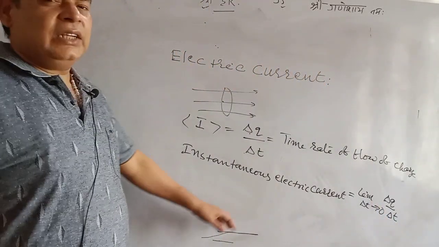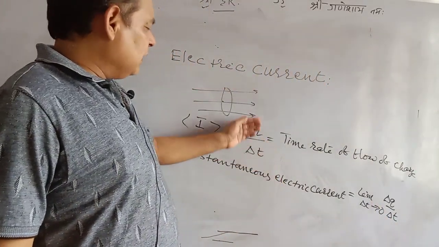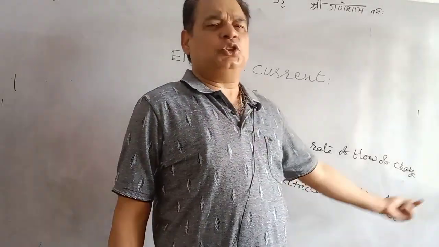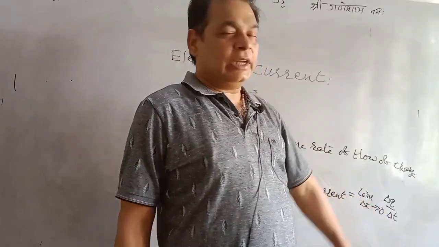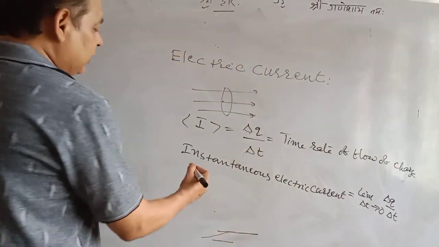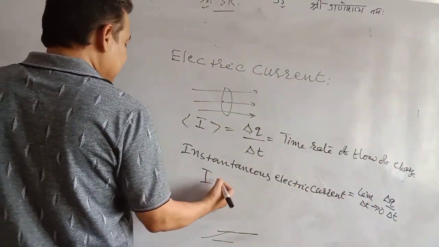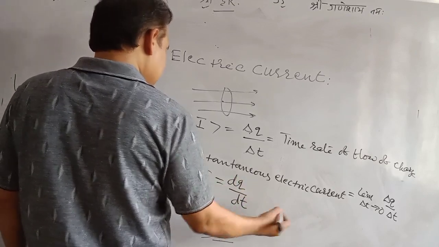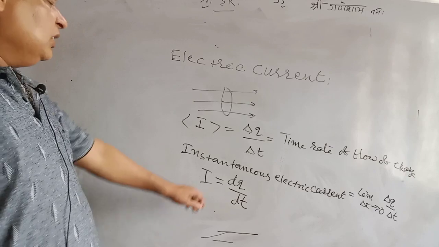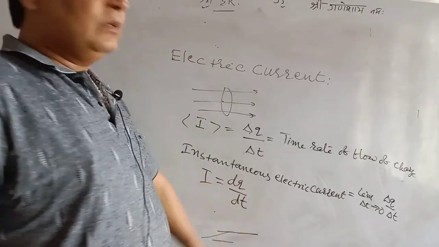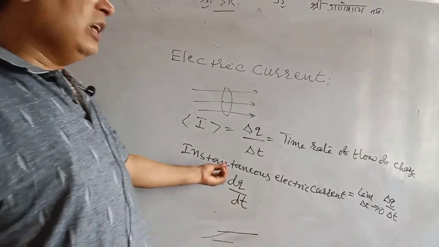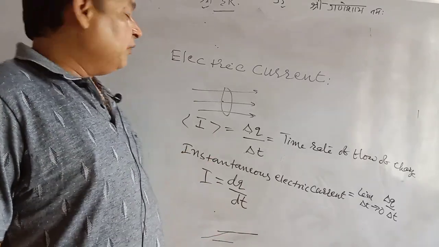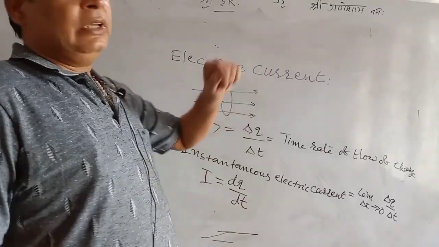This instantaneous current is also like average current, but the given time interval should be very, very short, tending to 0. So we can write this instantaneous current I as dq by dt. If you differentiate charge with respect to time, this differential coefficient of charge with respect to time will give you instantaneous current. But you can find average current in this way.